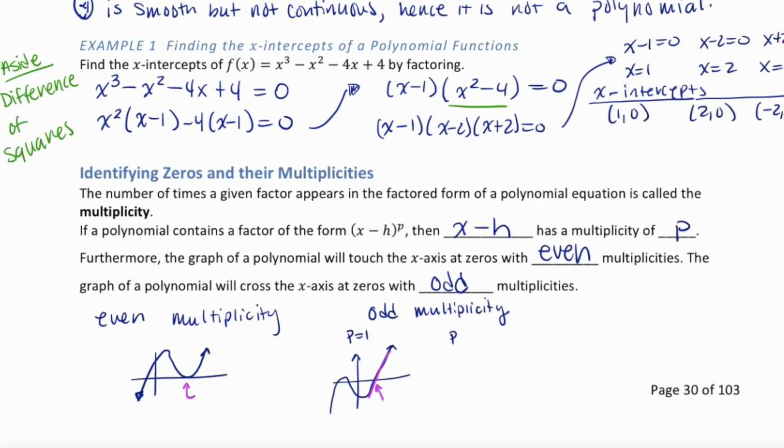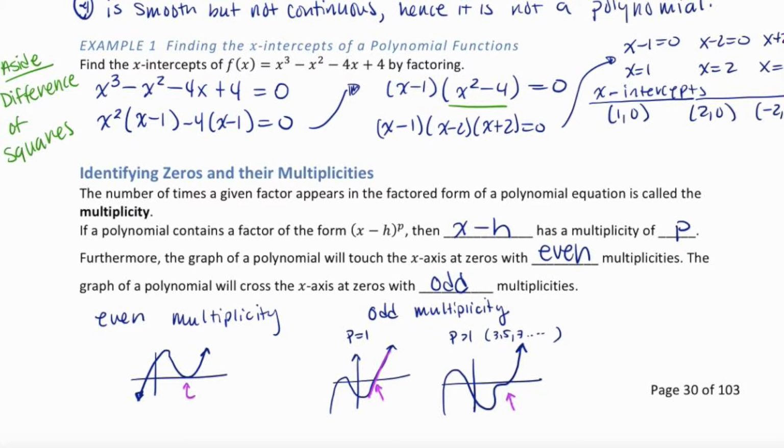If p is greater than 1, so that means it's equal to 3, 5, 7, etc., if this is our polynomial, it'll look more like a cubic graph. So if you remember, the graph of x cubed is kind of curved here where it touches the x-axis, and so is this graph in this case.